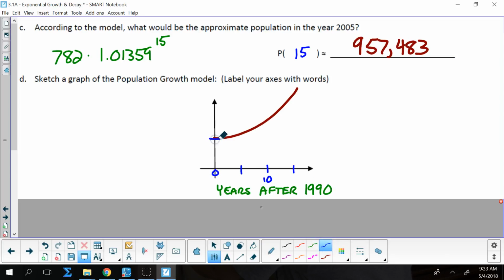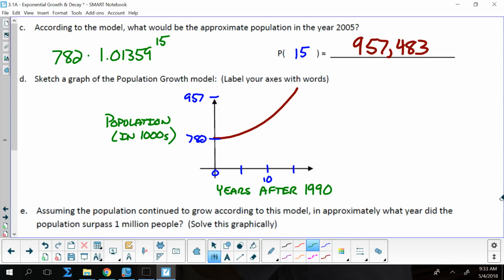And then we can say that this was 782, and then 15 would be up here, so up here would be, we'll call it 957, and then this label would be population, in thousands. Okay? That's a nice, properly labeled graph, which some of us have struggled with all year long.